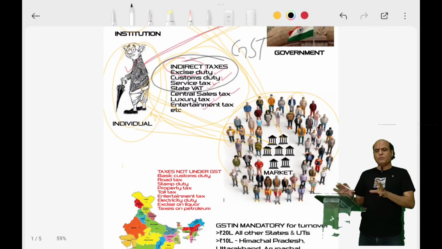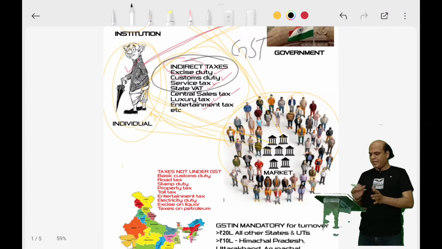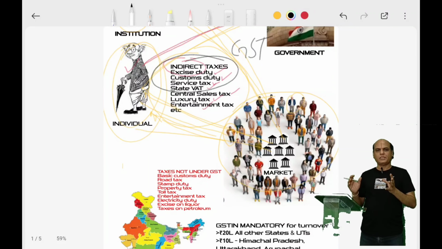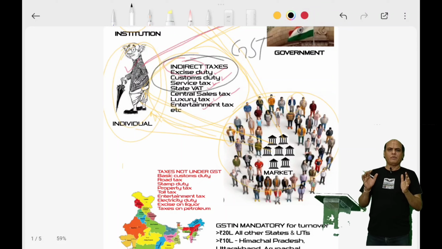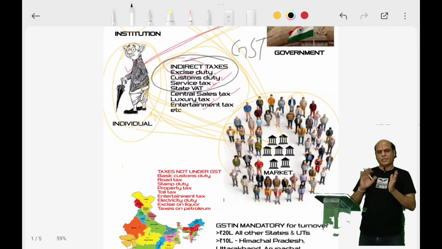So this goods and services tax has replaced indirect taxes, although it has been streamlined. Earlier it was complete chaos. There were so many different kinds of taxes, so many different states. One state has one rule, another state has another rule. So it was a complex system, and it was very difficult to compute the liability of an individual or an institution, what he is supposed to pay as tax to the government.